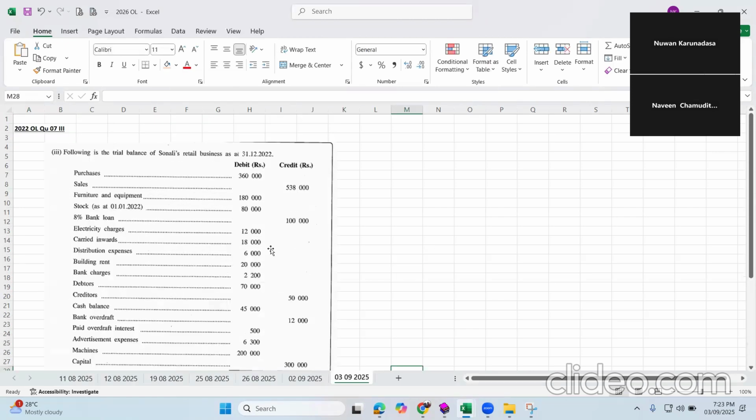Right, see this. Following is the trial balance of Sonali's retail business as at 31st December 2022.